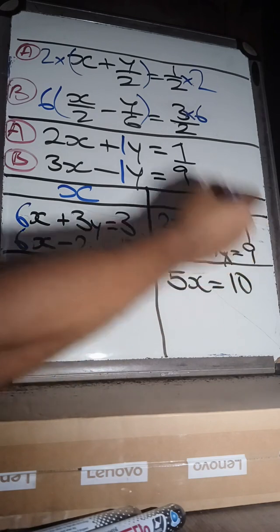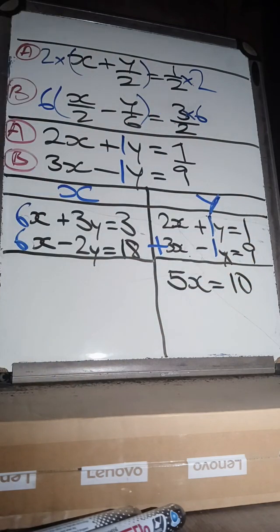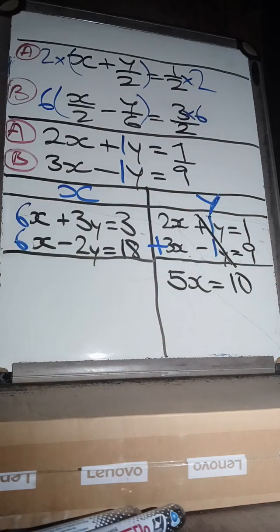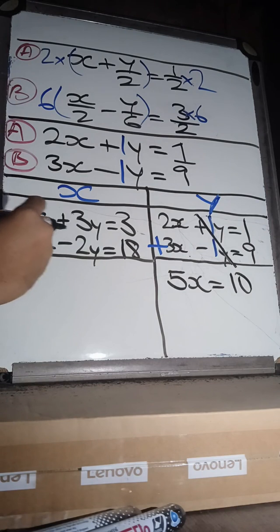So yeah, a plus 1y and a minus 1y, get rid of them. And 6x here, 6x here, we're going to subtract all of that. So 6x minus 6x.